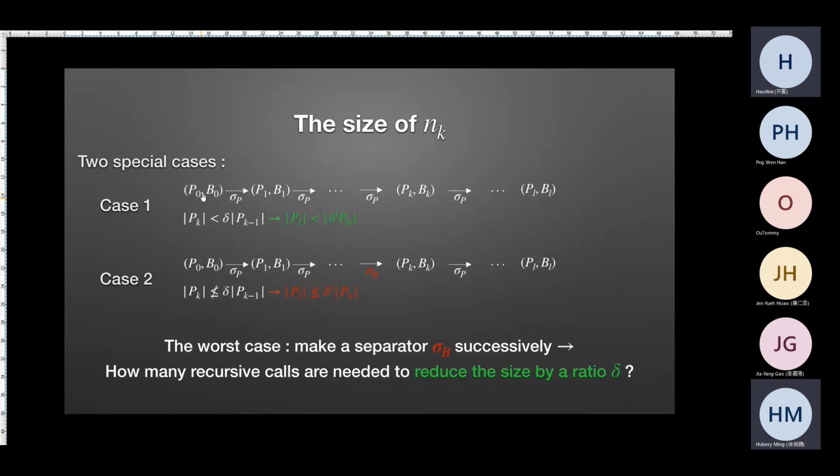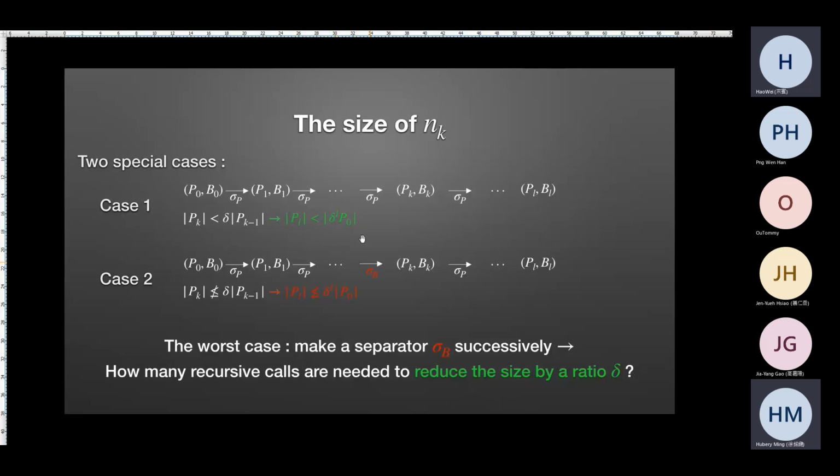Let's consider a series of problems such that (P1, B1) is a subproblem of (P0, B0), and all of these subproblems are making a separator balanced to its points. And we could use the definition of balanced separator to bound the size of P_L by this inequality.